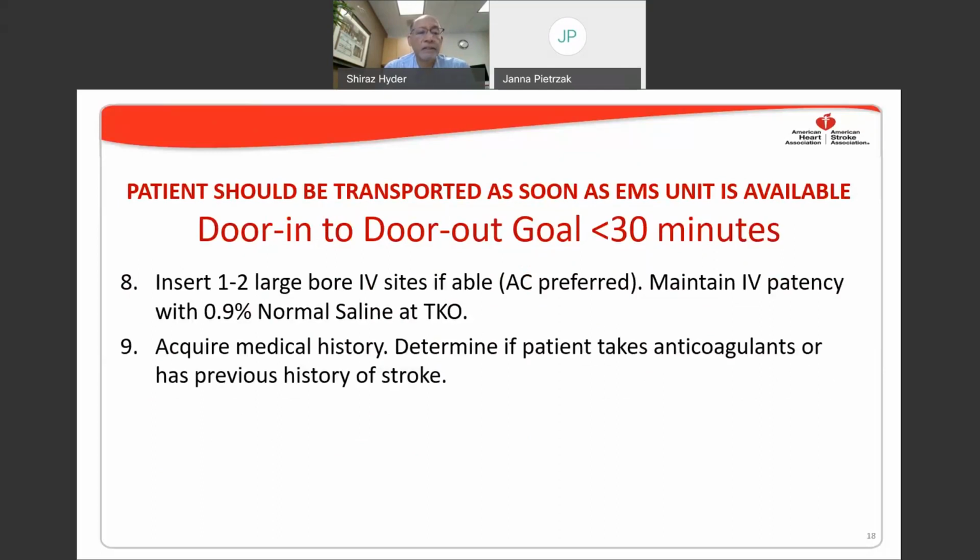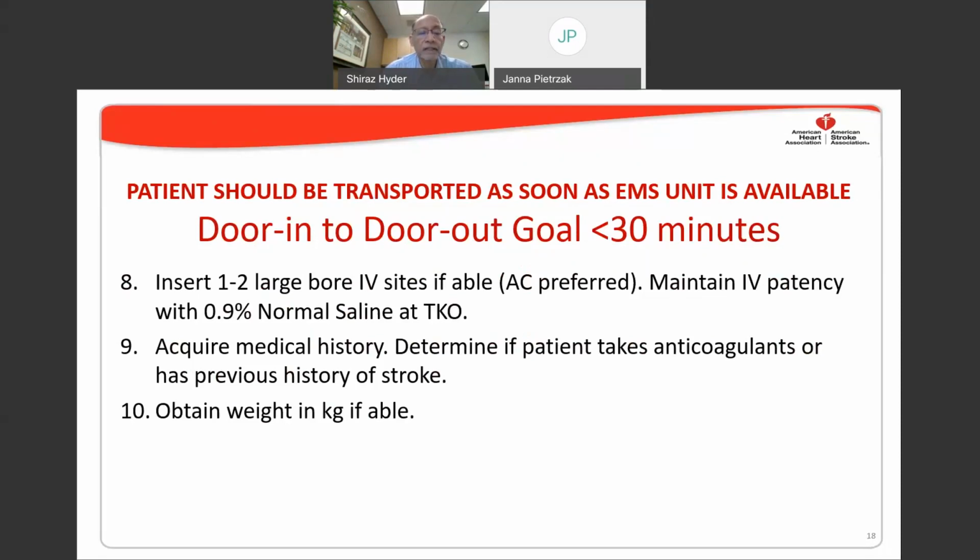If you have time, if you can acquire and document the medical history, that's extremely helpful, especially to note if the patient is taking any anticoagulants or if they have had history of stroke, because these are elements that we take into consideration when we decide if a patient needs a thrombolytic therapy or not. Obtaining weight is extremely helpful.